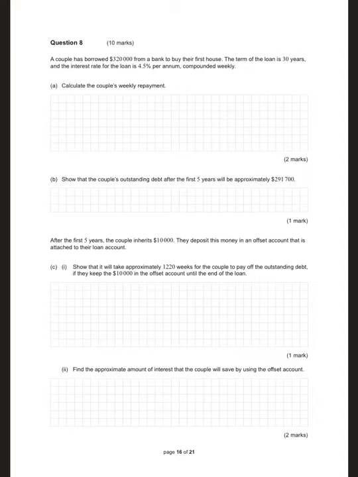Question 8. Really, that's the only network question. There might be one at the end. A couple has borrowed 320 grand from a bank to buy. Term is 30 years. Interest rate is 4.5, compounding weekly. And the weekly repayment is 30 times 52. It's going to be a big number.